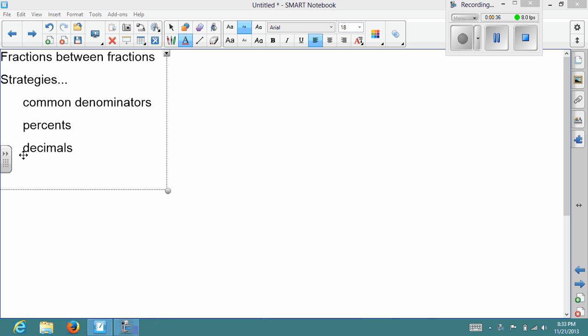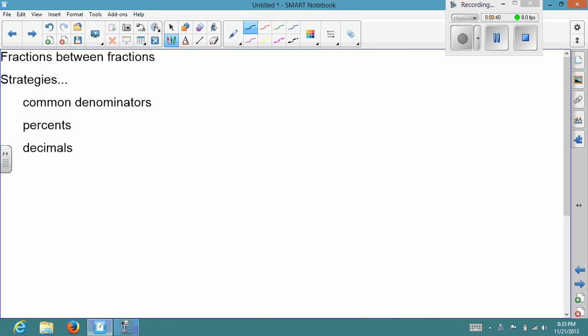So let's look first at common denominators. Suppose I have the fractions 1/3 and 2/3. These already have common denominators. But another multiple of 3 would be 6.